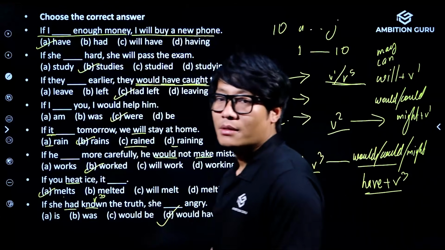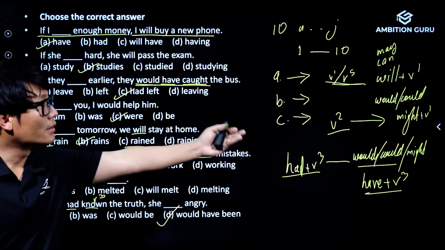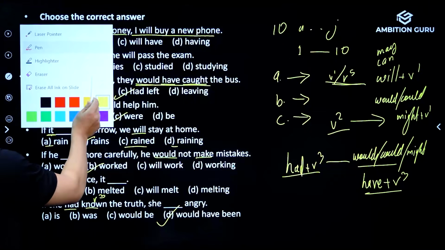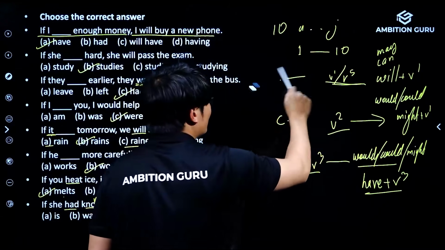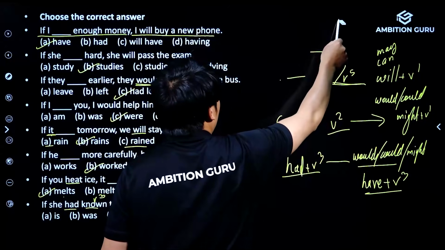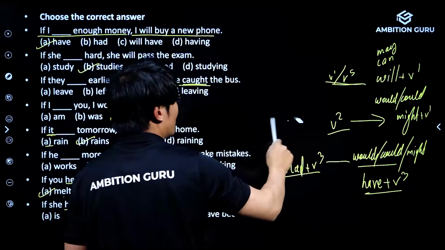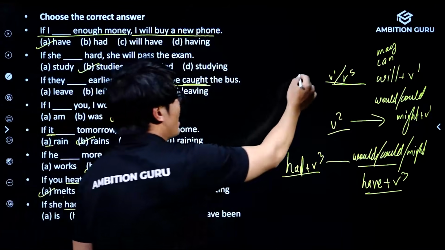Okay, this is the rule. You can see the rule here. It will be easy for you if you want to know. This if conditional has just 4 rules, and it is easy for you to know the 4 rules. Okay, it's not hard like this. This is rule number 1.